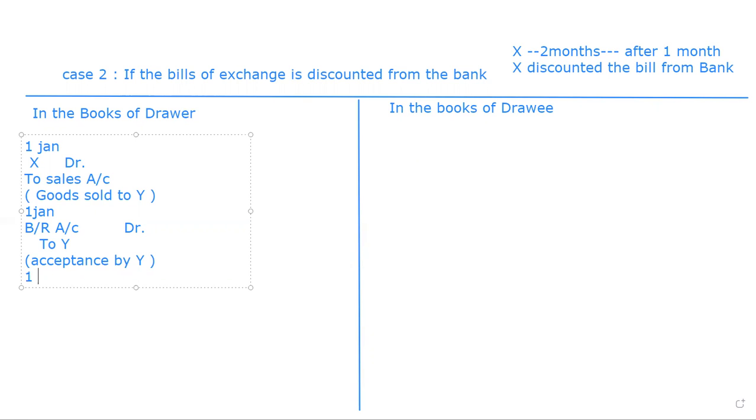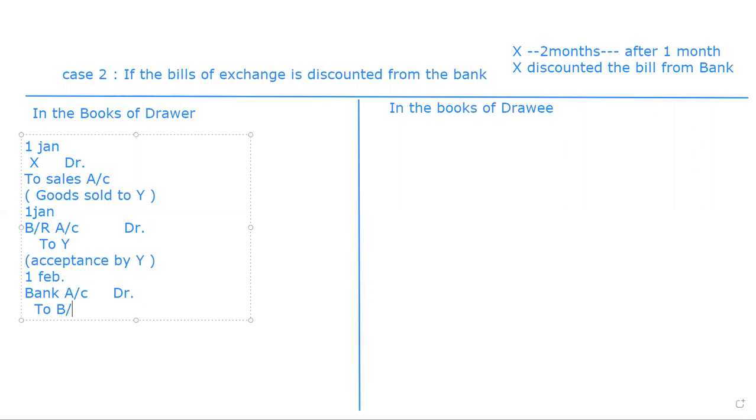Now, the next entry, when the bill is discounted from the bank after 1 month. After 1 month means it will be 1st February. On the 1st February, as the bill is discounted from the bank, what happens in that case? X will receive the amount. Debit what comes in, so bank account debit, to what he is giving in return, credit what goes out.